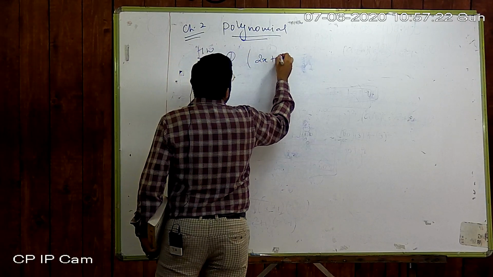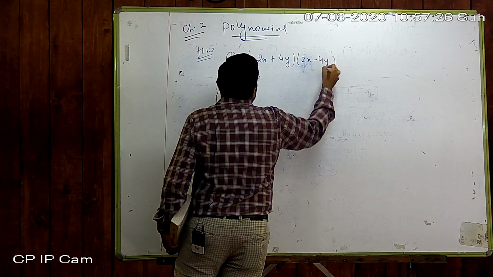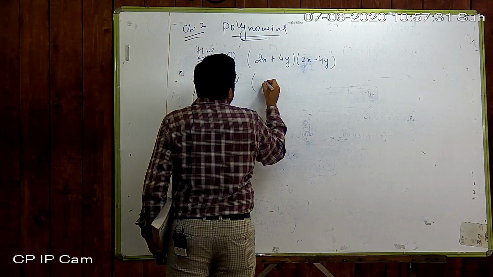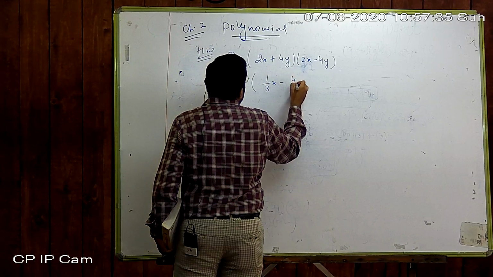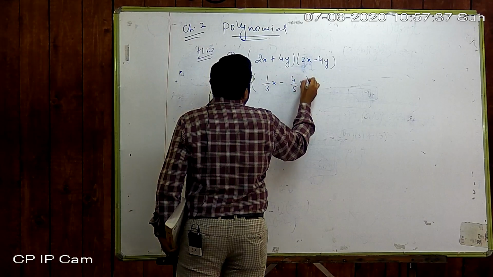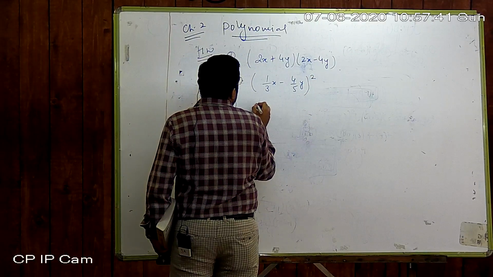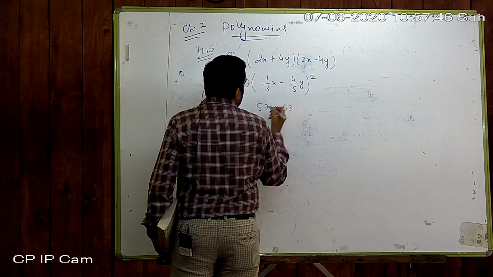2x plus 4y and 2x minus 4y. Second, 1 by 3x minus 4 by 5y whole square. Third one, 57 into 63.